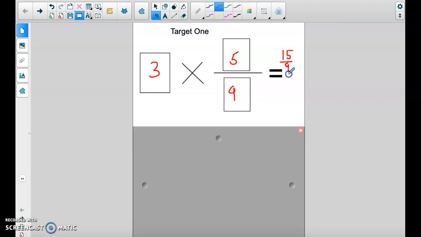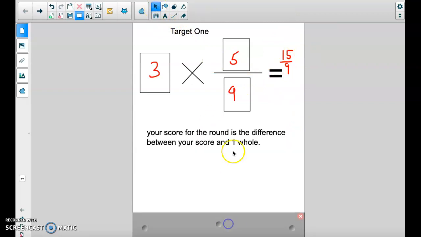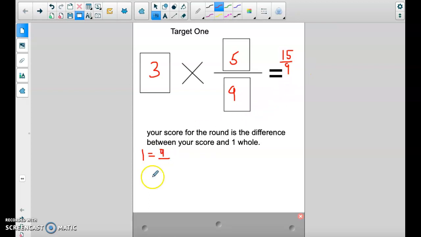Okay? So that's my product for this round, but what's my score? Well, if we remember, our score is the difference between your product and one whole. So one whole in this problem would be equal to 9 ninths, because this denominator is 9.